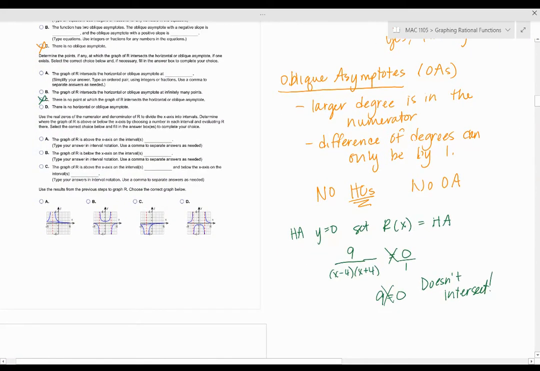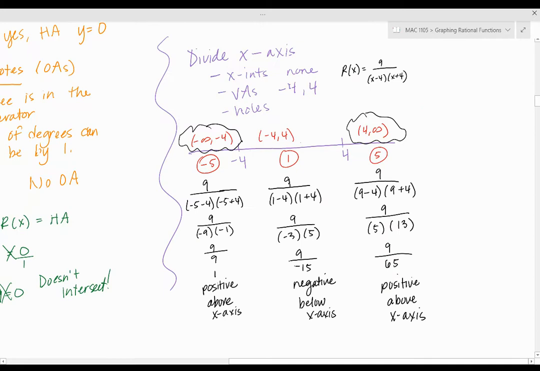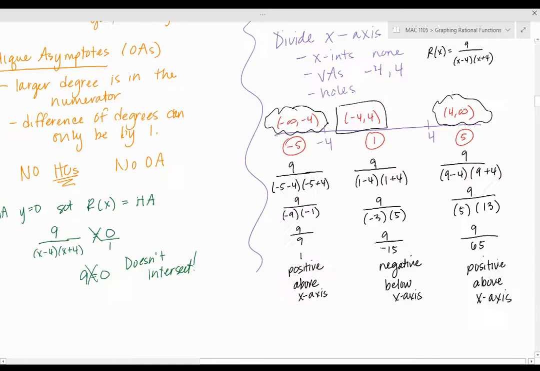The graph is above and below, so we have both, and we're going to choose C. Where it's above, that was -infinity to -4 and 4 to +infinity. Where it was below, that was the middle one, from -4 to 4.